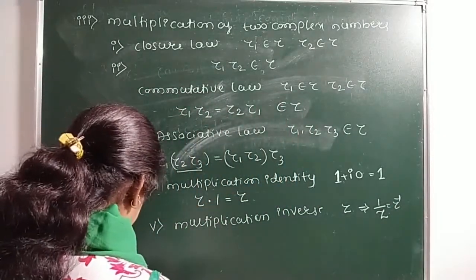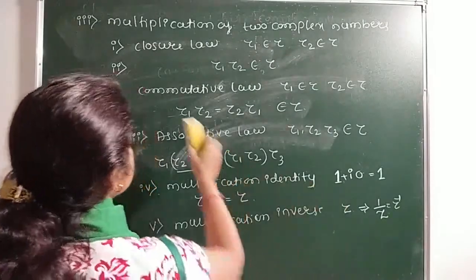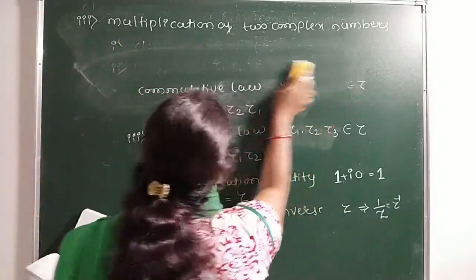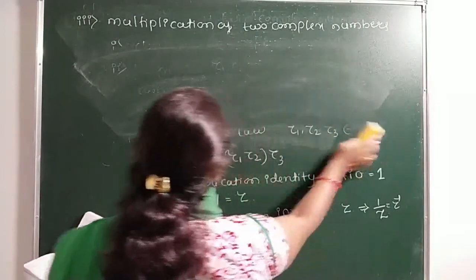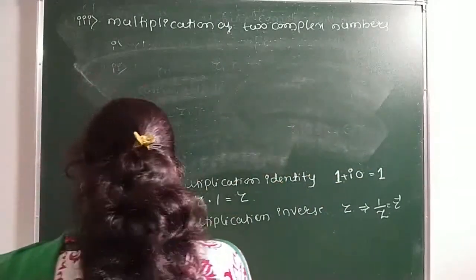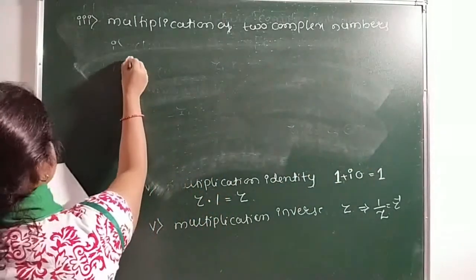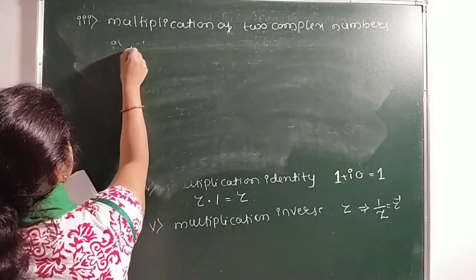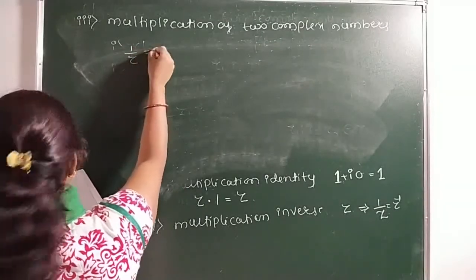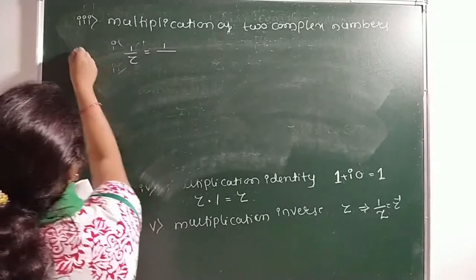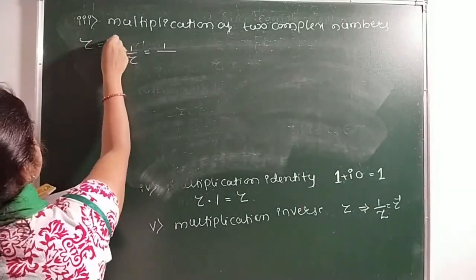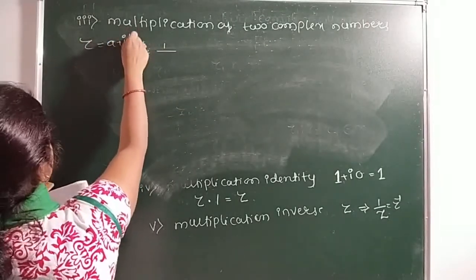Now we have to simplify this. How will we get the inverse of this? The multiplication inverse means 1 by z. This is equal to 1 divided by z, and as we already know z is of the form a plus ib, or x plus iy.